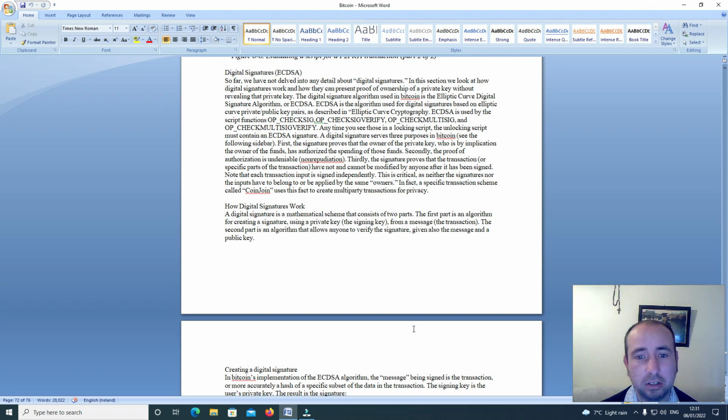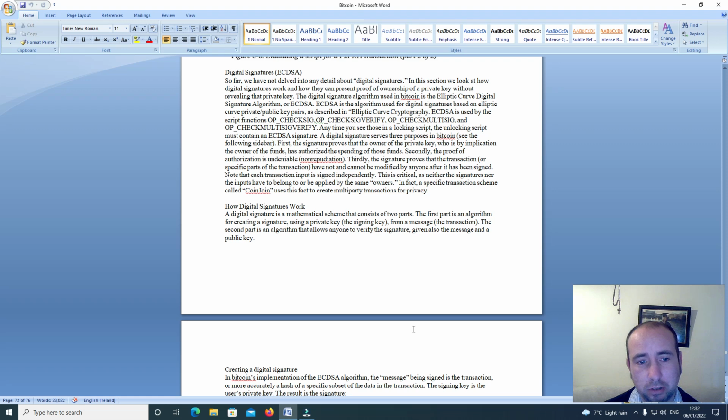The digital signature algorithm used in Bitcoin is the Elliptic Curve Digital Signature Algorithm, or ECDSA. ECDSA is the algorithm used for digital signatures based on elliptic curve private public key pairs, as described in elliptic curve cryptography.